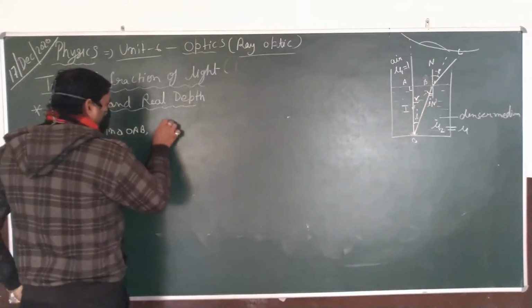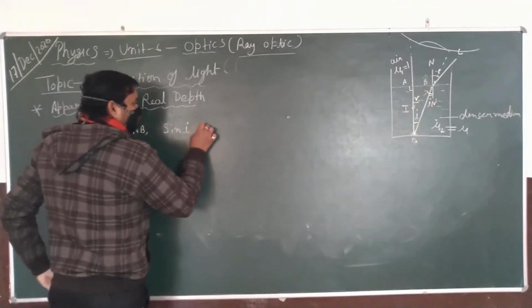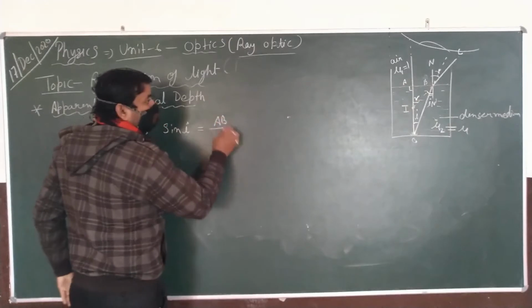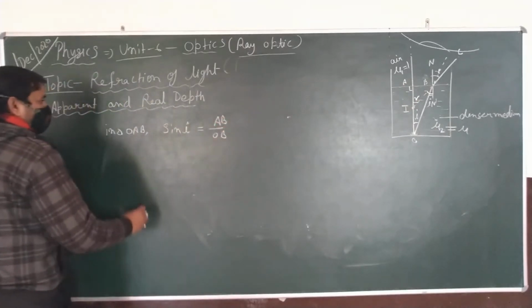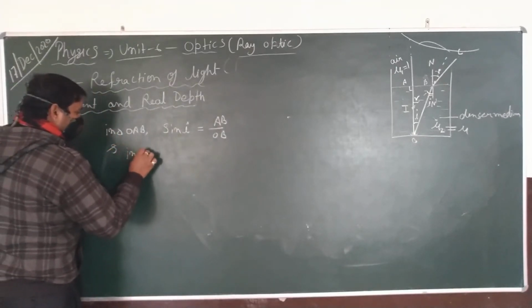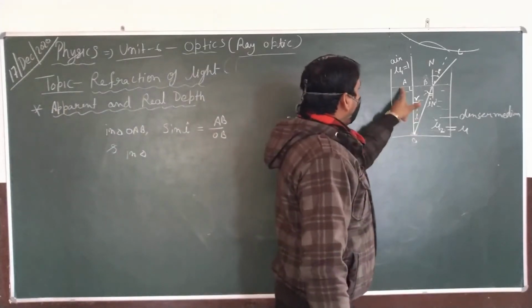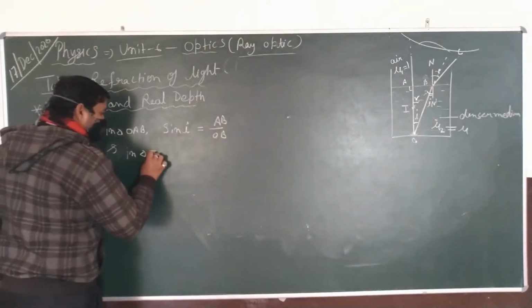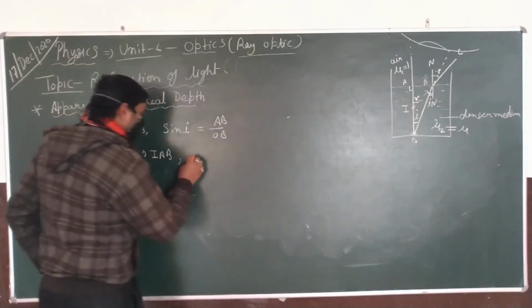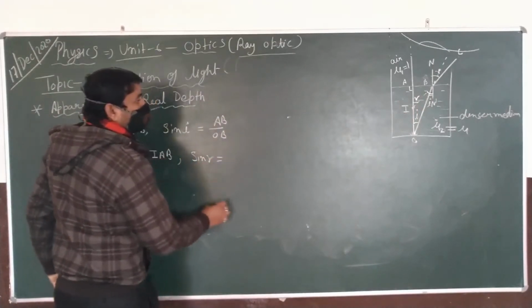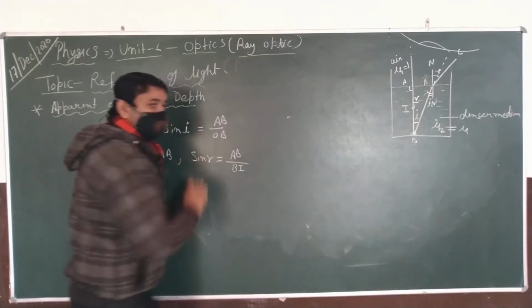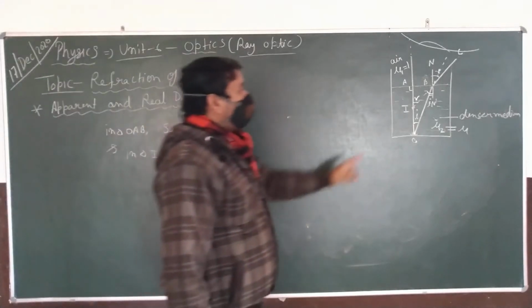So sin I is equal to AB upon OB, and in triangle IAB, we have sin R. Sin R is equal to AB upon BI. Clear?